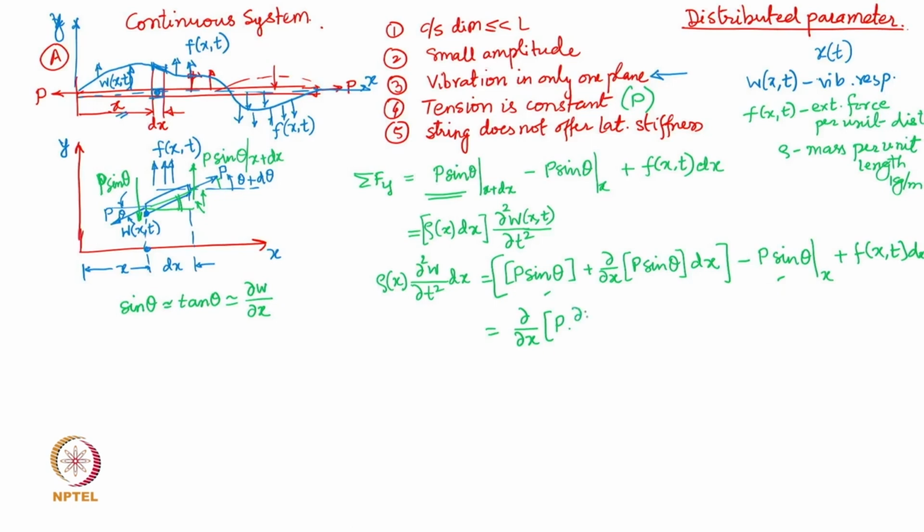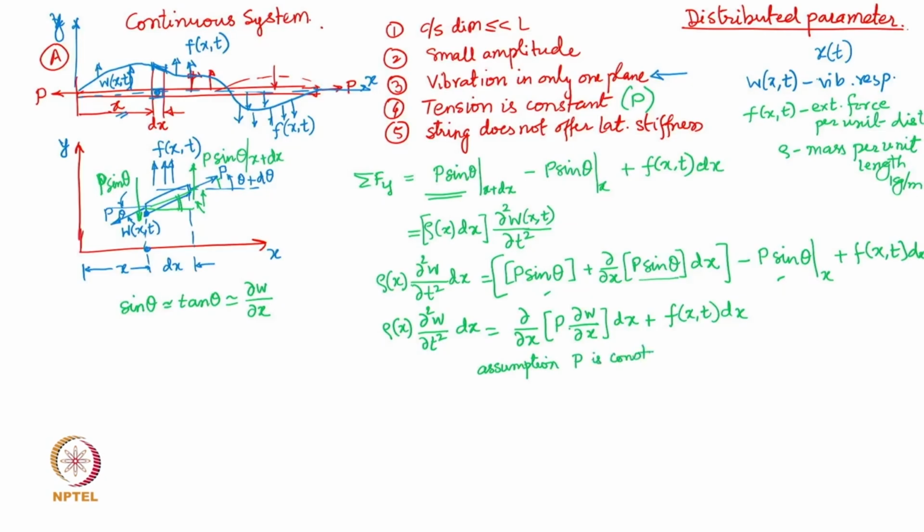So I can write this as partial w by partial x, and this is p sine theta, times dx plus f of x comma t dx, and the left hand side remains as this. So finally I can write this governing equation with an assumption again, and that assumption is already made explicit, that p is constant.